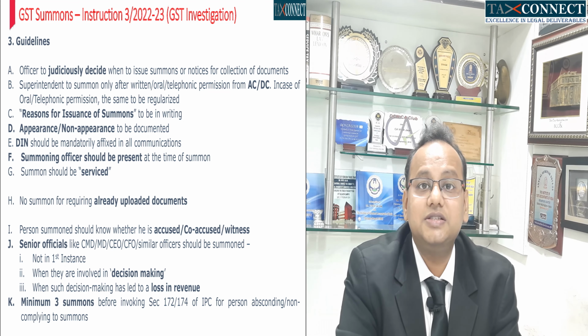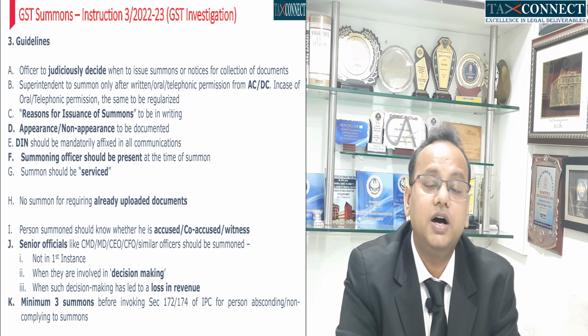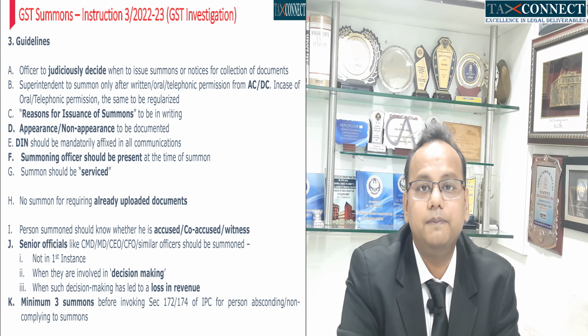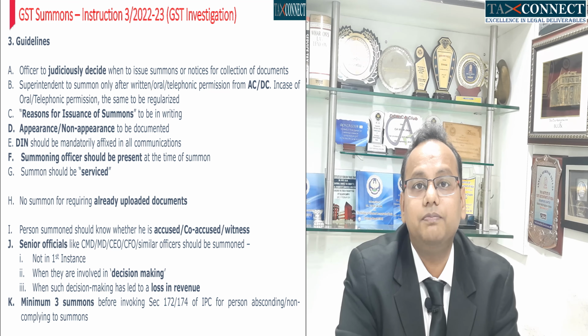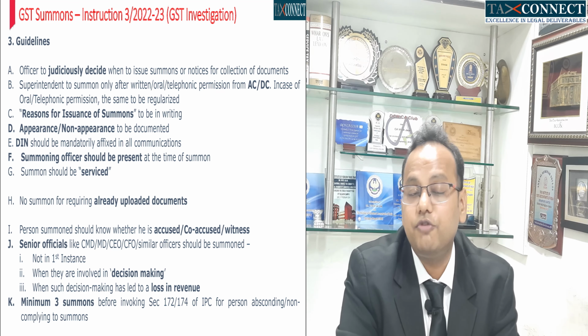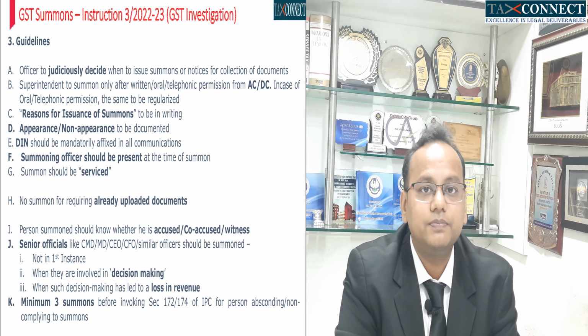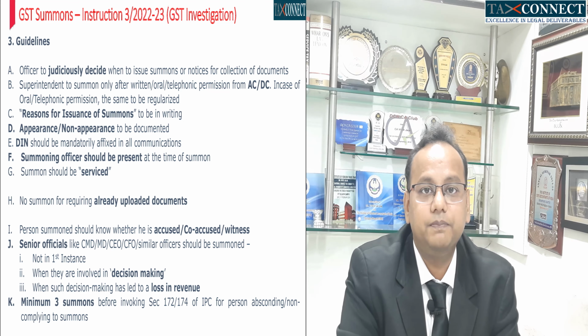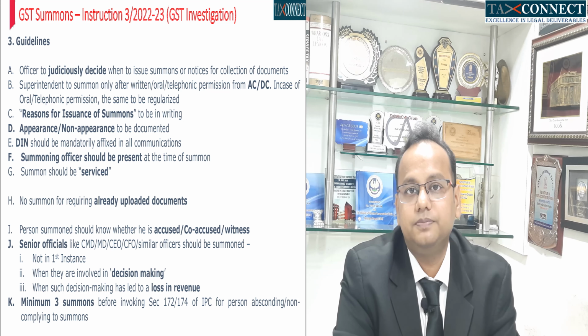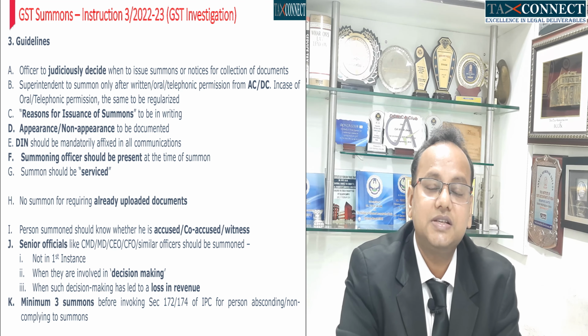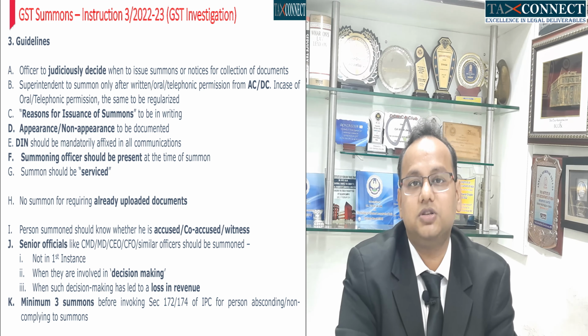At the first instance, an accountant or a tax official of the company should be summoned who can provide proper evidences, information and documents with which the officer can be satisfied. A top official can be summoned only if he is involved in the decision making process.